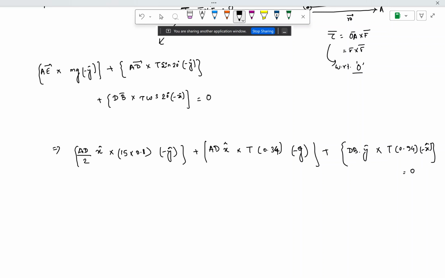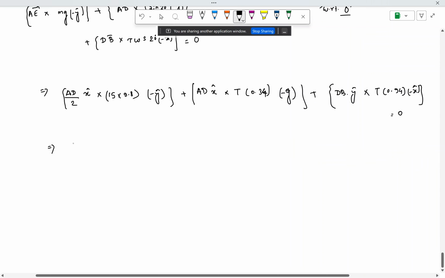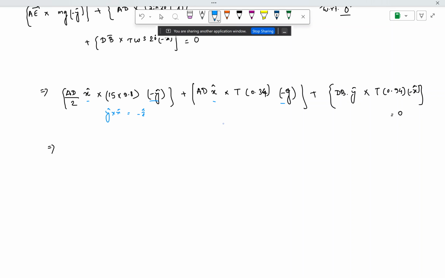Now first of all, let us take the directions first. x cap cross minus y cap is basically minus x cap cross y cap, which is equal to minus z cap. Again, x cap cross minus y cap gives minus z cap.